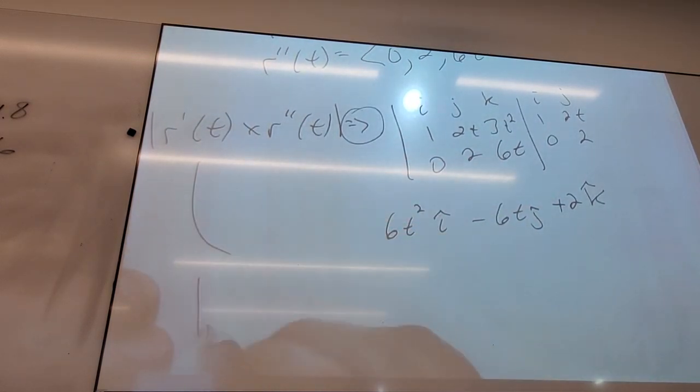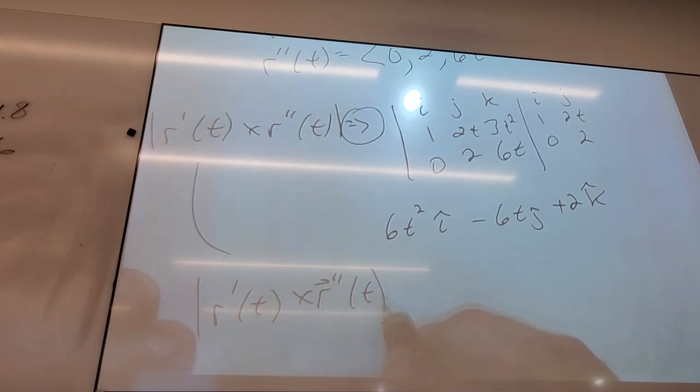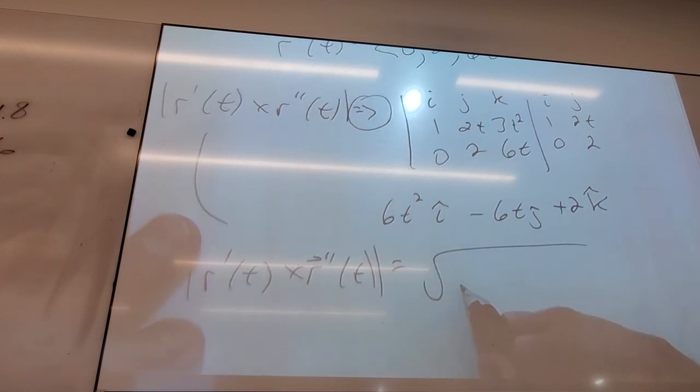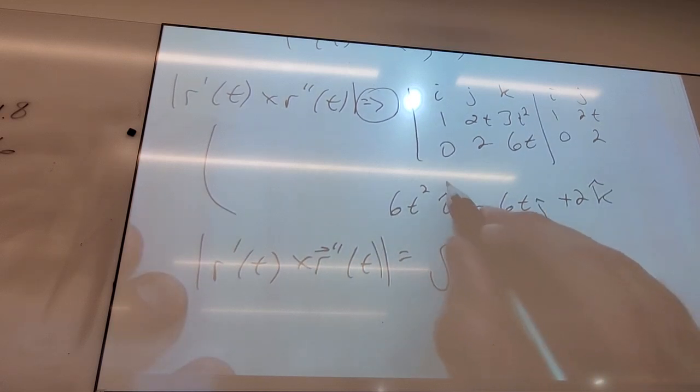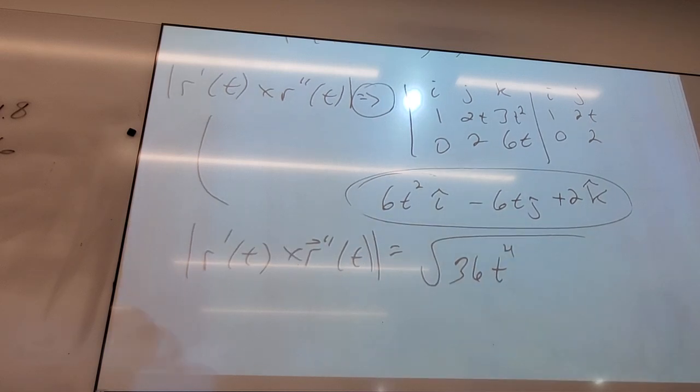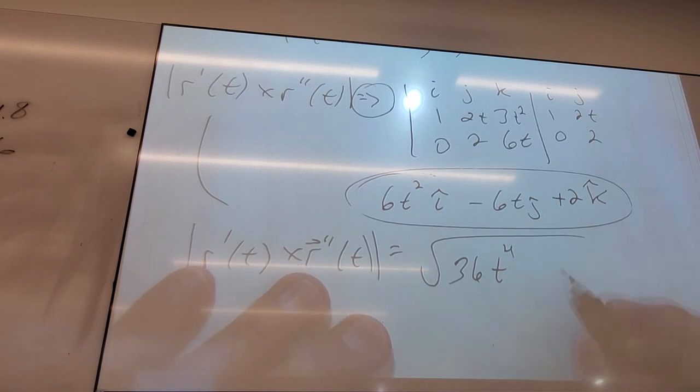So the length of this is the square root of, I want to find the length of this, yes? 6t squared squared, that's 36t to the fourth, yes? Square each component, that's how I find it, plus 36t squared plus 4.